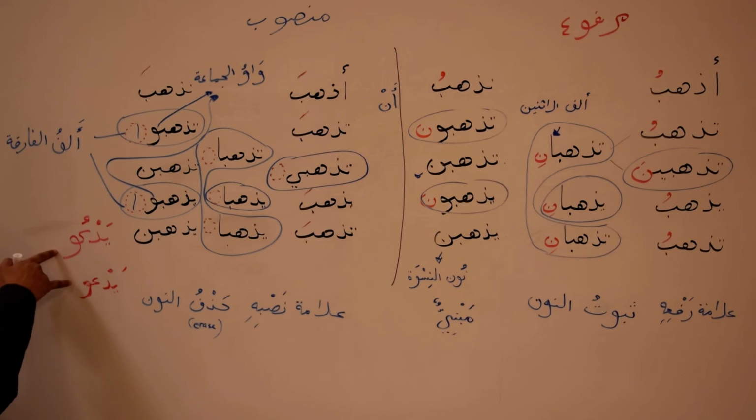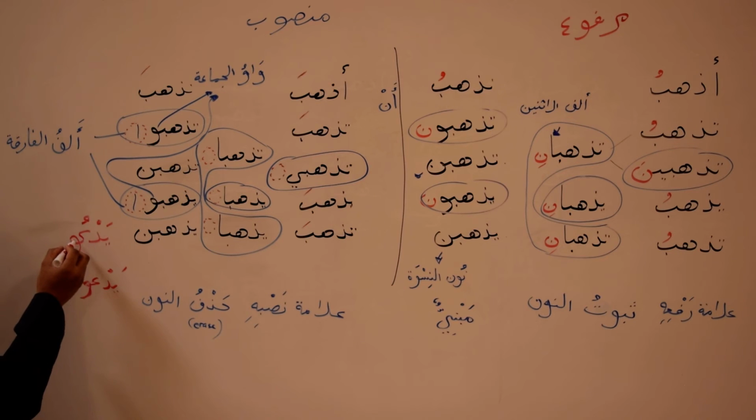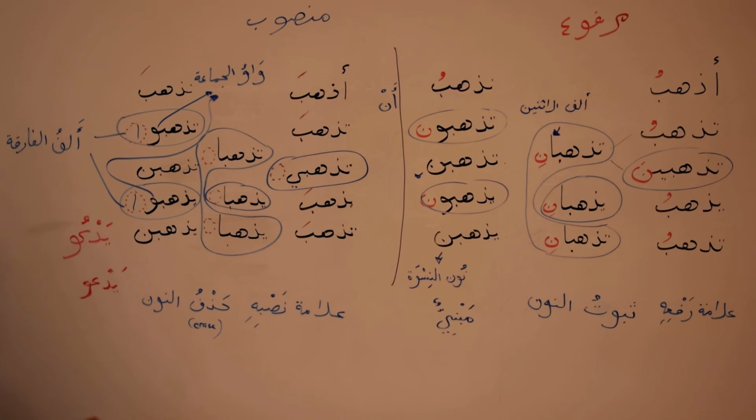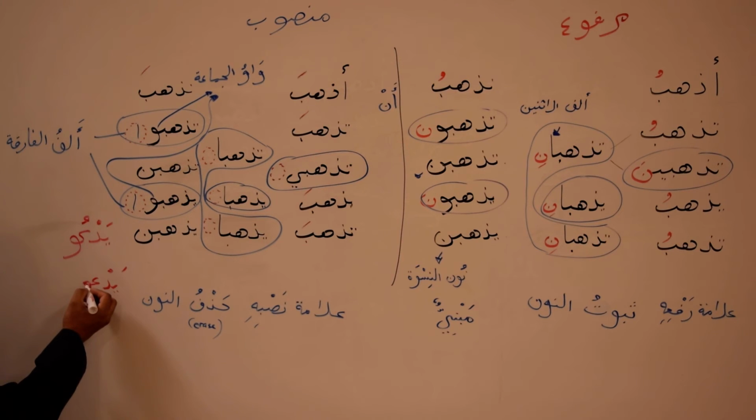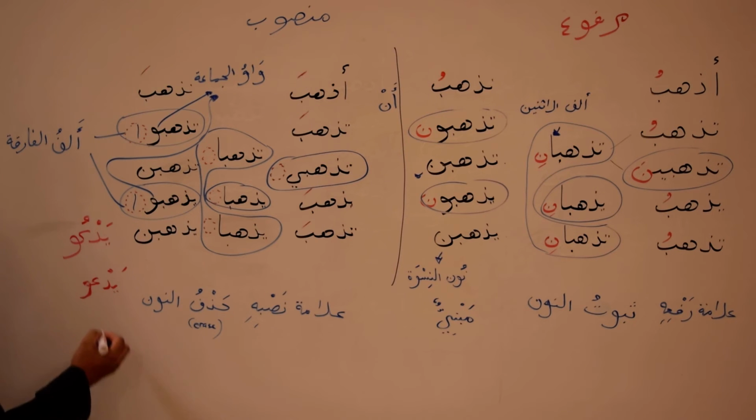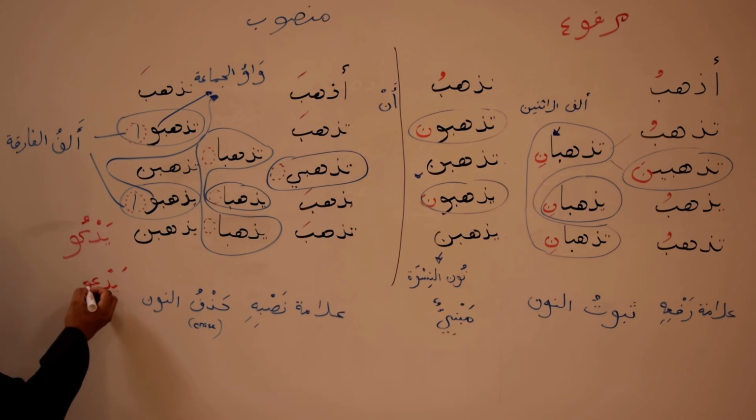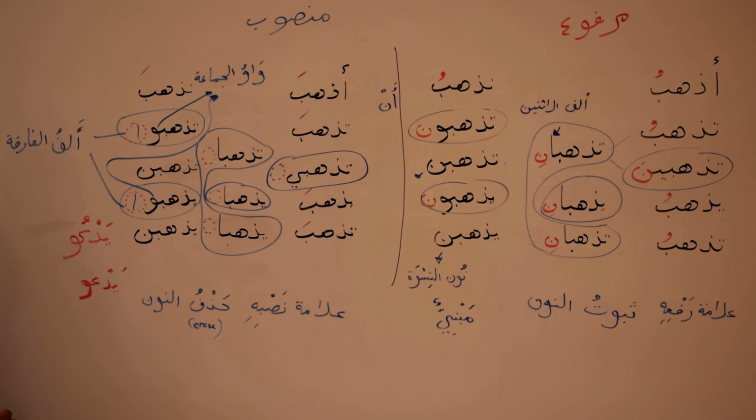So you're not sure which version of the verb it is. Okay? While this waw here is the original waw, in this case here, this waw is actually not the original waw. This waw is wawul jama'ah.